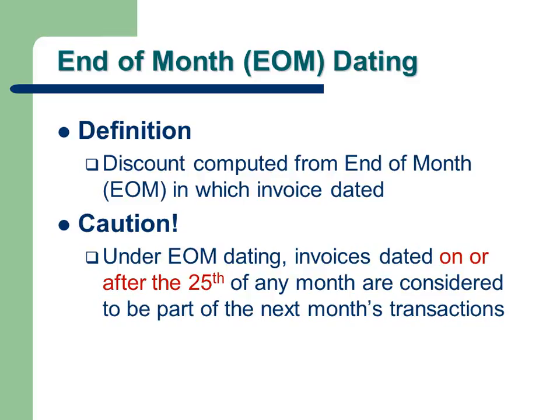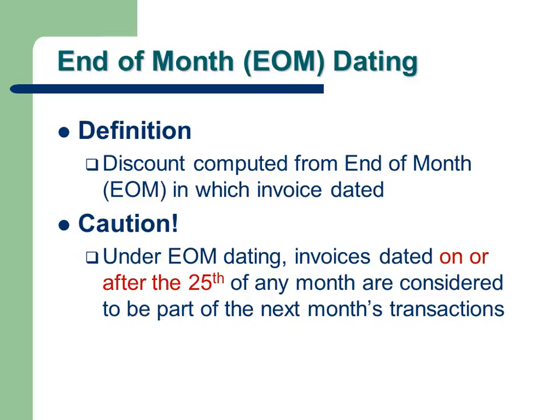Okay. One thing that we need to be very careful about in applying this EOM term is that under the EOM dating, the invoices dated on or after the 25th of the month are considered to be part of the following month's transactions.